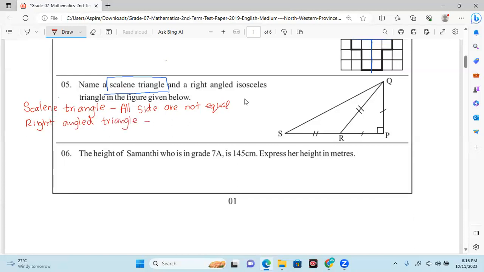A scalene triangle can be denoted this way. This denotes that the sides are not equal to each other. A right angle triangle is a triangle with one angle equal to a right angle.